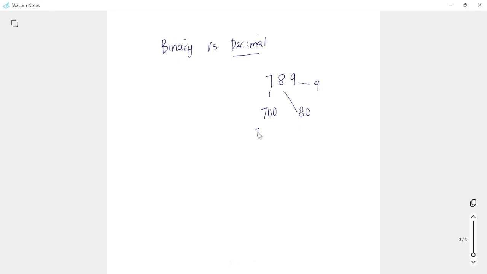So this can also be written as 7 into 10 to the power of 2. This can be written as 8 into 10 to the power of 1. And this can be written as 9 into 10 to the power of 0. So when we looked at the decimal numbers, we saw how we could split the numbers based on the place value. So let us take a binary number, 11011, let us say.